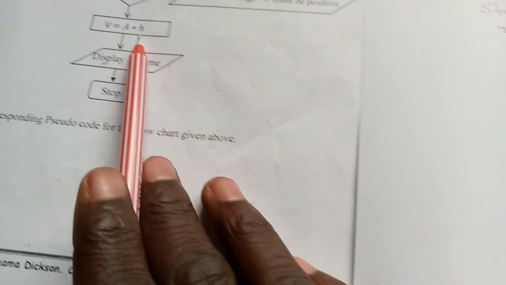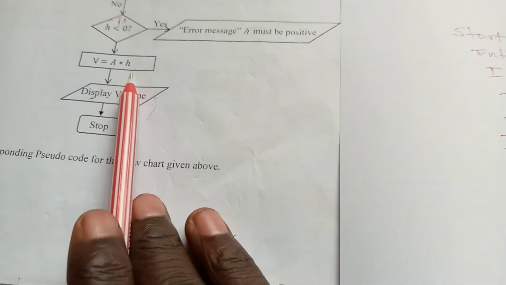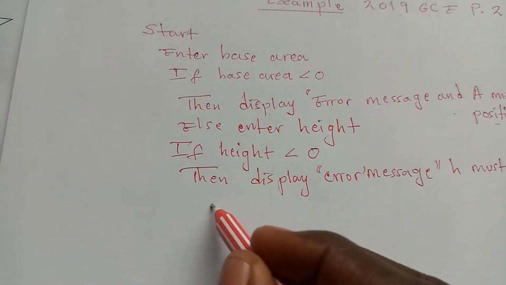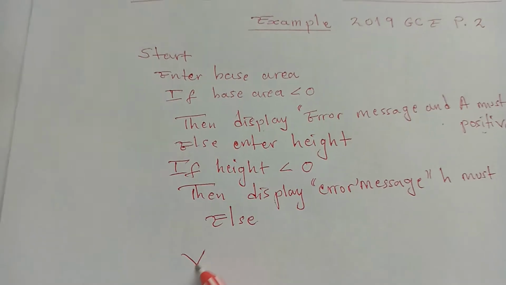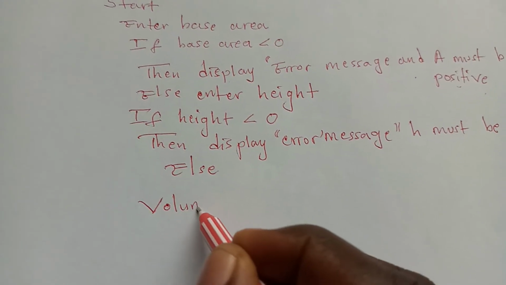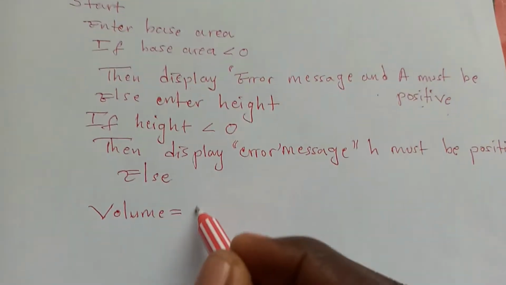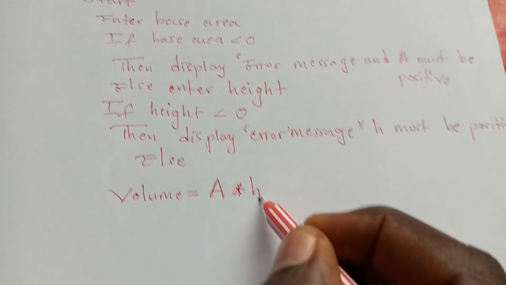Then apart from this, they have continued to say volume is equal to that. So when you are just introducing the formula here, volume is equal to A times H. To introduce the formula on the pseudocode, you write the word else, then you write volume in full, is equal to the base area, which is A, times the height.